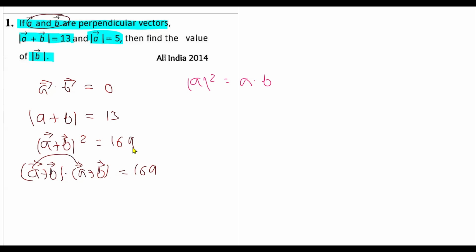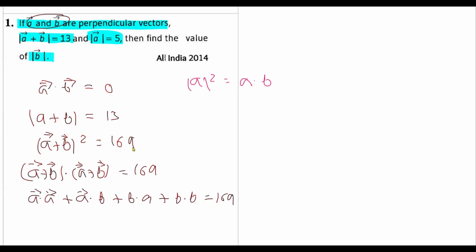Now I'll do multiplication. A multiplied by A is A dot A. Then we have A dot B plus B dot A, and then finally B dot B, which is equal to 169.